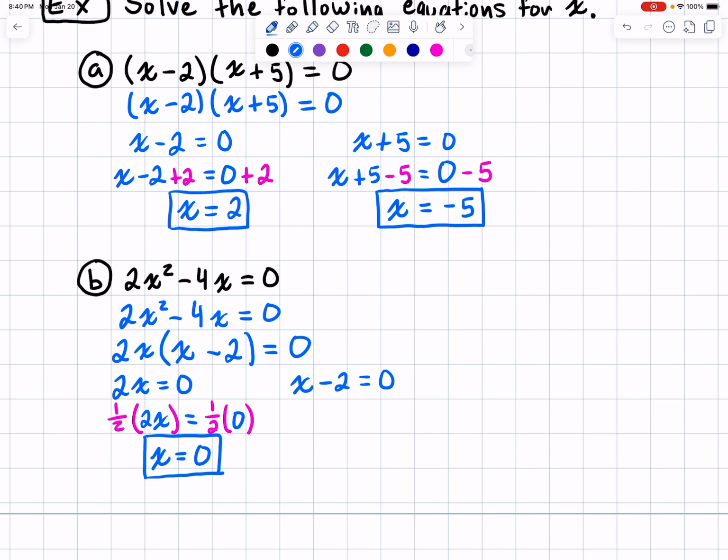On the right-hand side, we just need to add 2 to both sides. So I'm going to go x minus 2 plus 2 equals 0 plus 2. On the left, that will leave us with just x, and on the right, that will leave us with 2. So x equals 2.